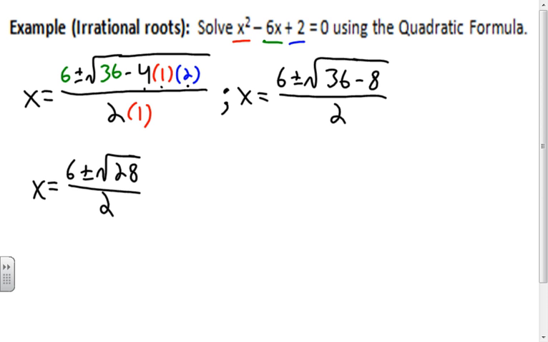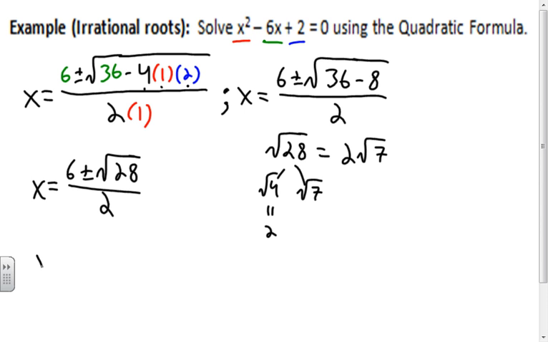In this case, though, we know that the square root of 28, we can break that down into square root of 4 times the square root of 7, because 4 times 7 is 28, and the square root of 4 equals 2. So square root of 28 is the same as saying 2 square roots of 7.